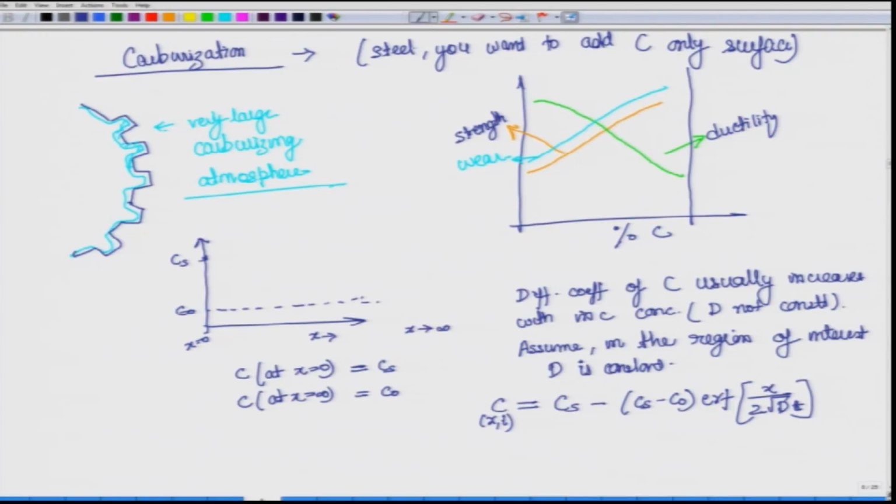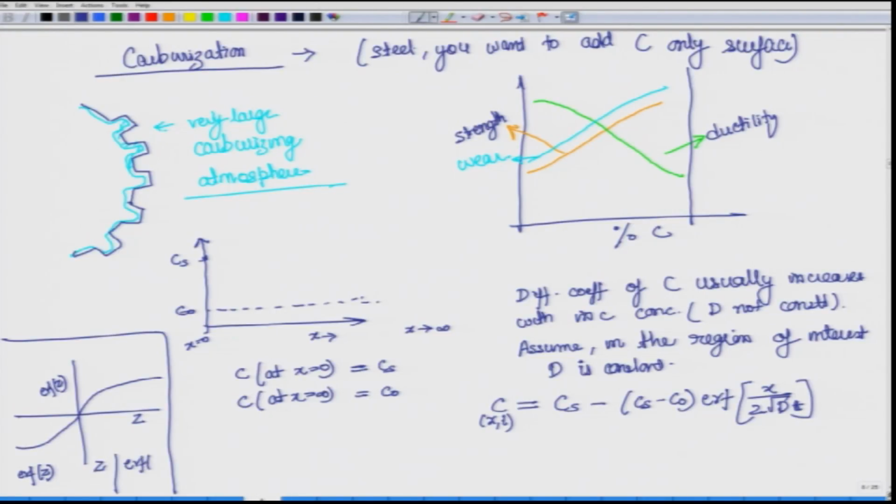Now, here ERF is nothing but a function, so I will use this corner for ERF Z. This is how the function looks. So, this is Z, this is ERF, and I will tell you some of the important values. For Z equal to 0, ERF Z is equal to 0.